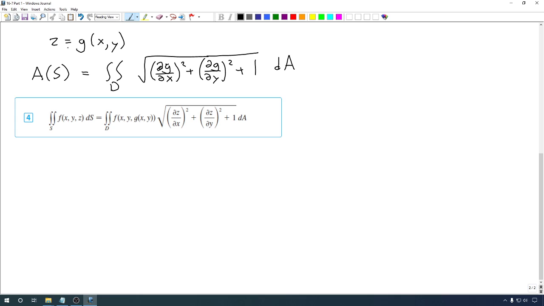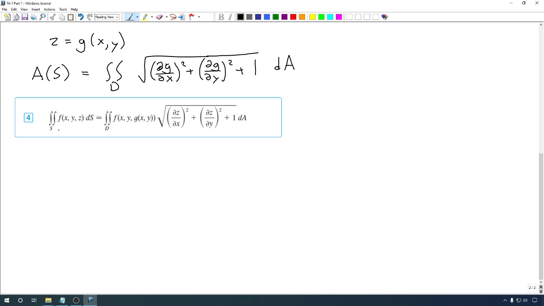We're taking the derivative of z equals some formula in terms of x and y. The point here is that any of our techniques that we developed for finding surface area can be turned into a way to take surface integrals, because the big thing there was being able to compute the magnitude of Ru cross Rv.